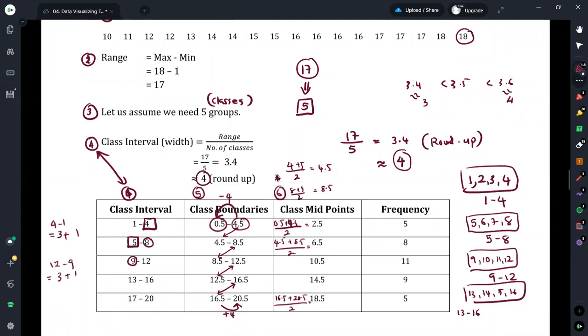Now we have constructed the class midpoints, and then we can compute the frequencies for each class. When we are computing the frequency, rather than using the class interval, use the class boundaries to identify the frequencies. It is because the class boundary suggests the maximum and the minimum value that we can take for the defined class, but in the class interval we have the limits only.